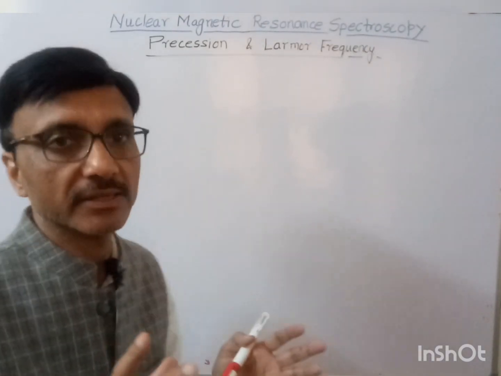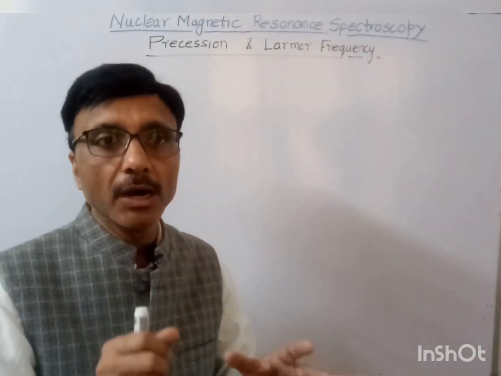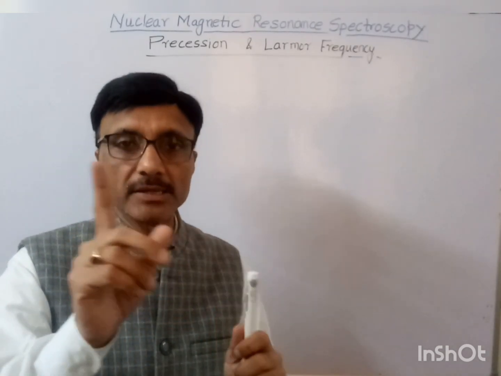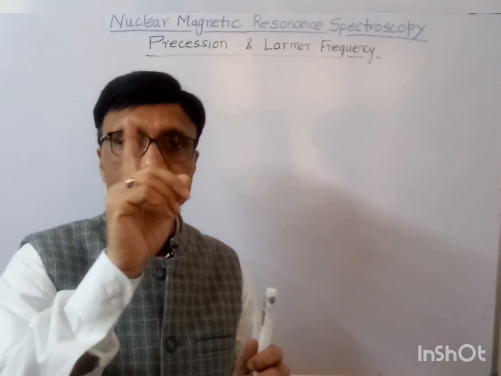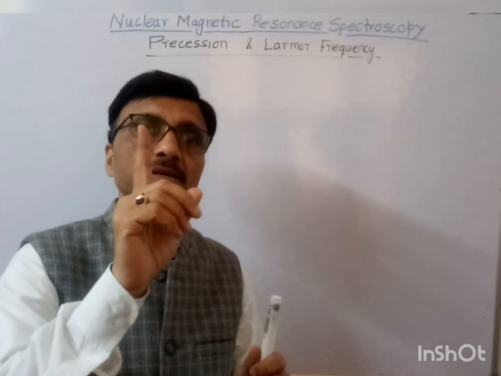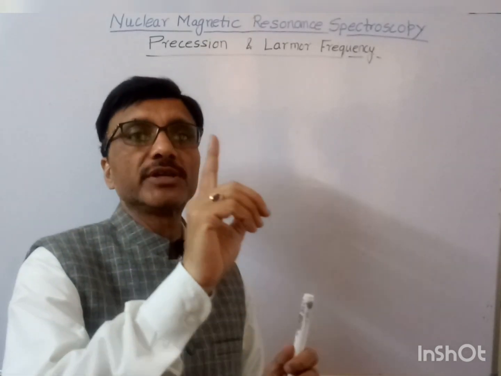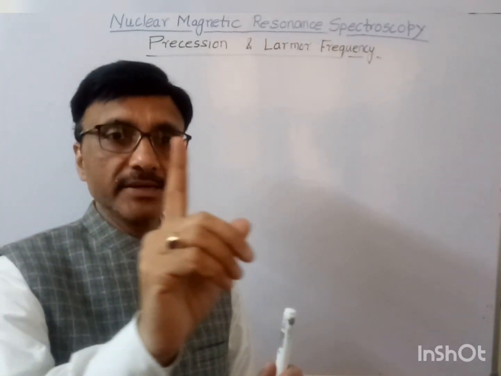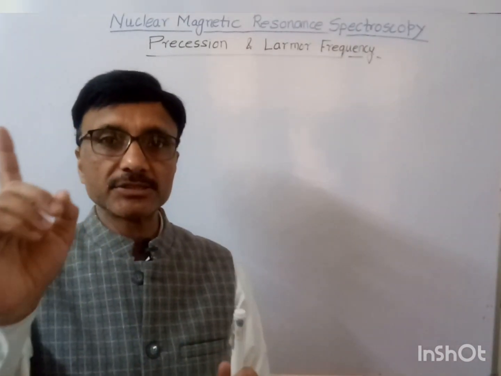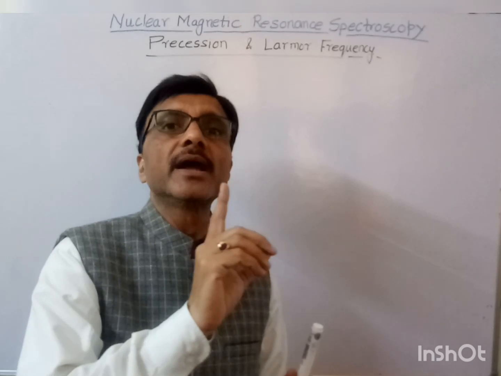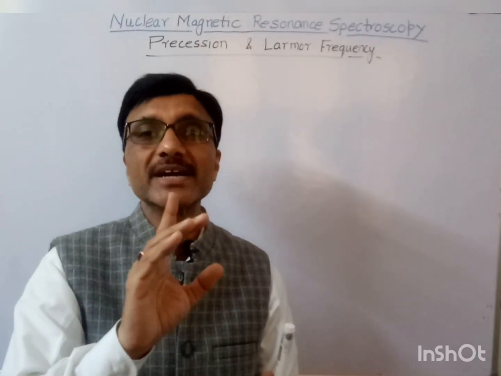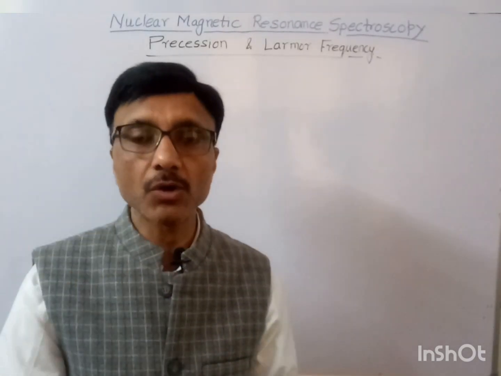And what we have seen, the spinning top, first of all, it is spinning like this. After some time, the diameter of the rotation starts increasing, and it goes to maximum, and then the top falls down.